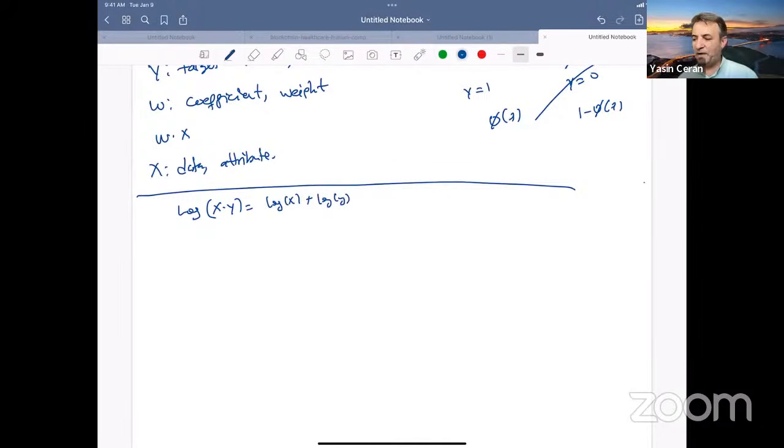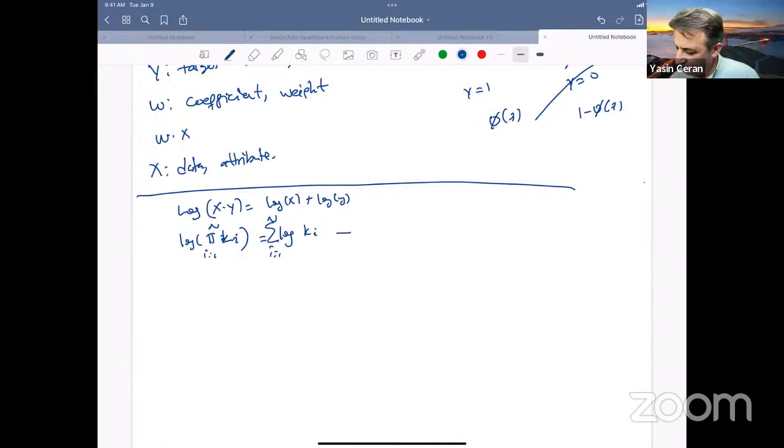Then what I can do is, the logarithm of the multiplication of a series of numbers, let's say k_i, where i is from 1 to n, is nothing but the summation of the logarithm of the k_i's.